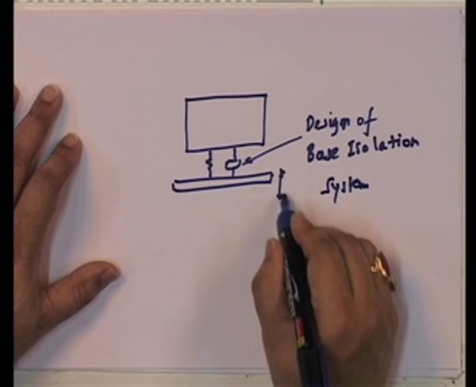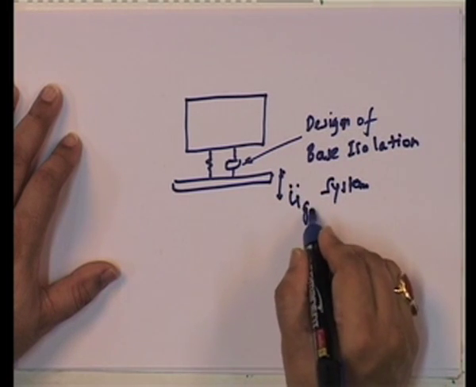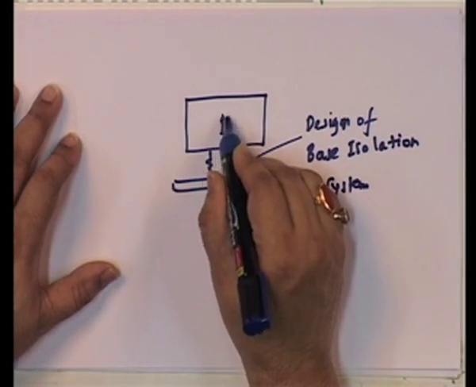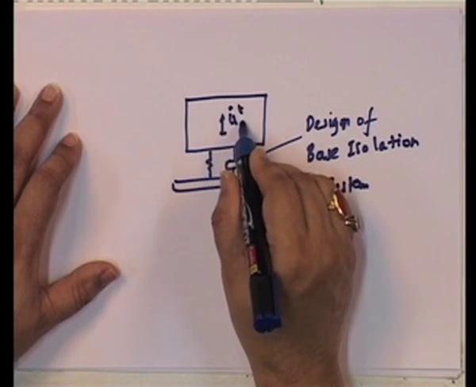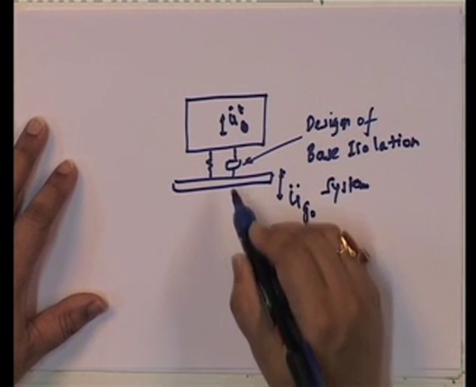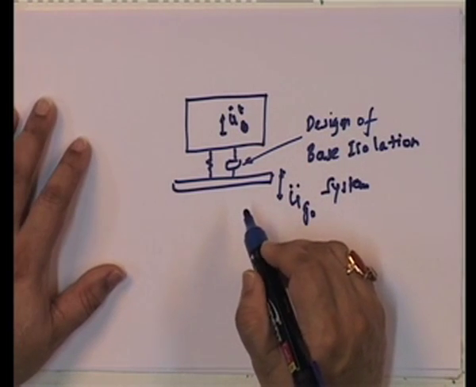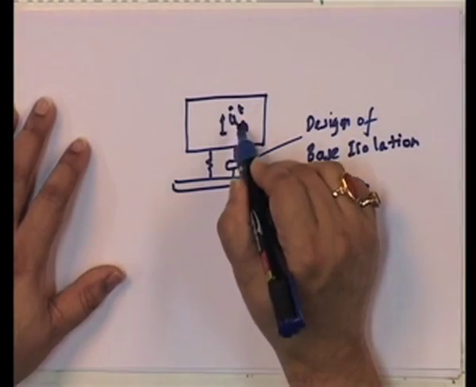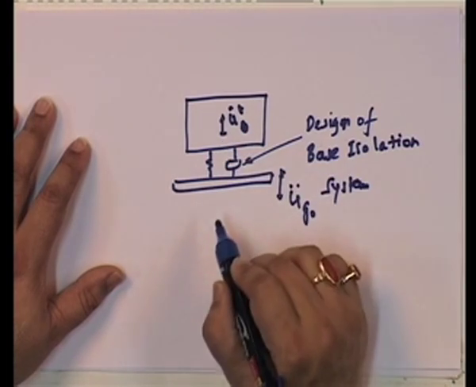Okay. So, this u g 0 amplitude and this u total amplitude, in other words, this acceleration that the base is being subjected to, the equipment base is isolated from the floor.